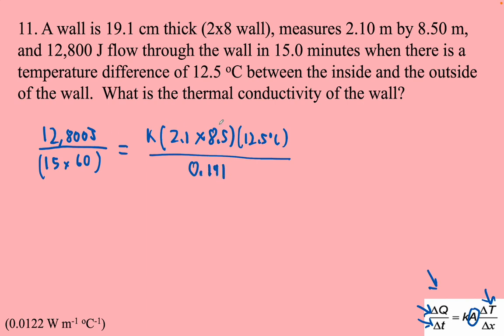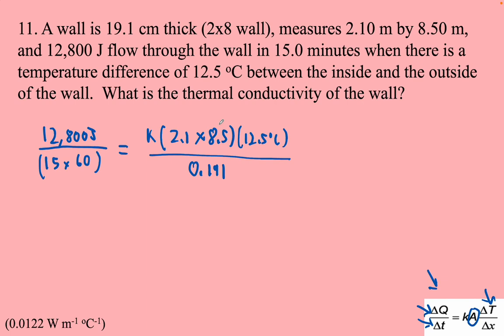So I'm going to go 12,800 divided by parentheses 15 times 60, right? And I get a number, that's actually just 14.2 watts, right? And then I'm going to multiply by 0.191. I'm going to divide by the product of 2.1 and 8.5. I'm going to divide by 12.5.